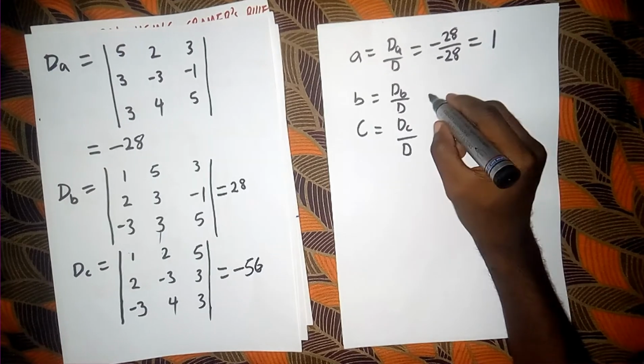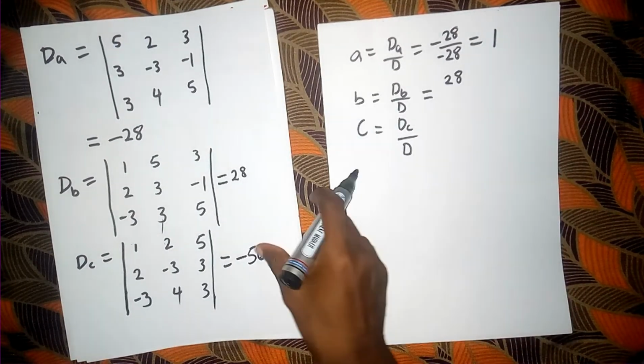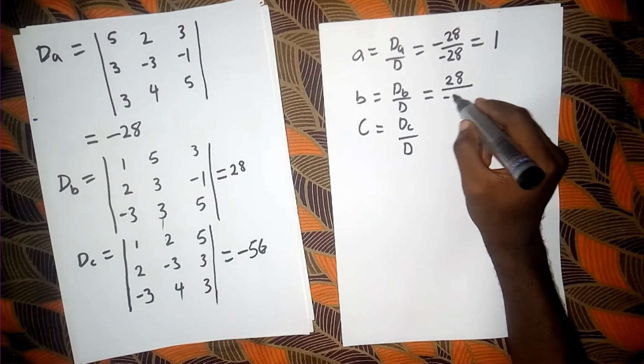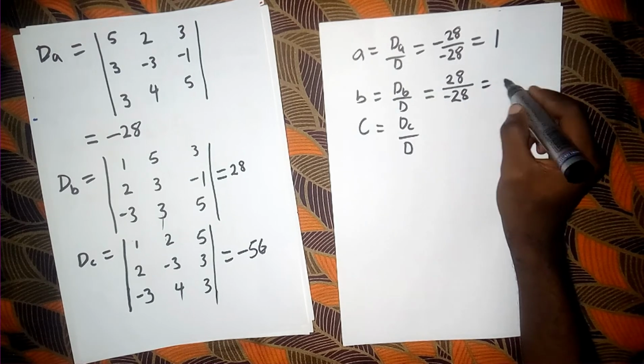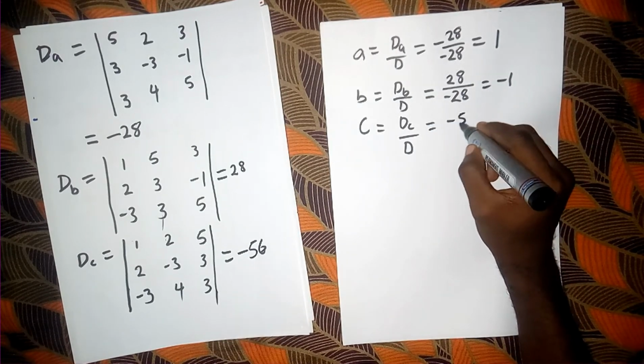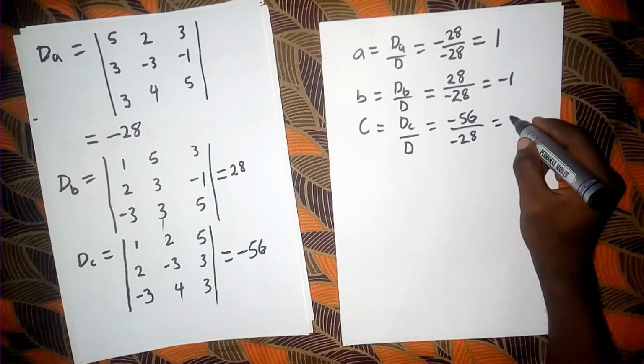This will give us 1. We have DB to be 28 and our D to be minus 28, so this will give us minus 1. Then we have our C to be minus 56 divided by minus 28. So this will give us 2.